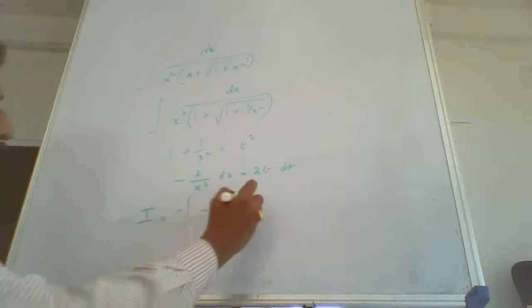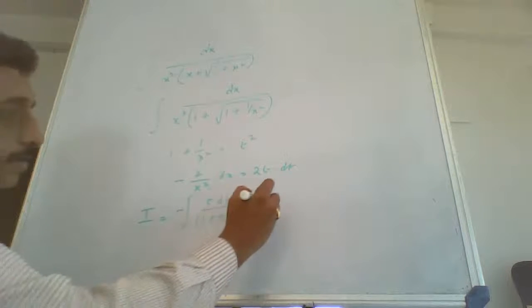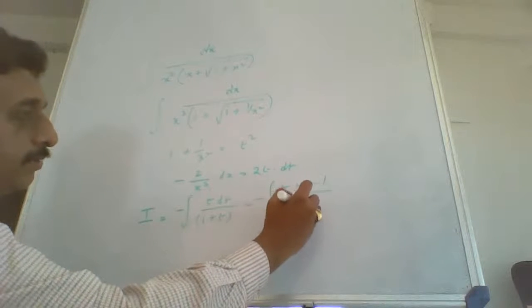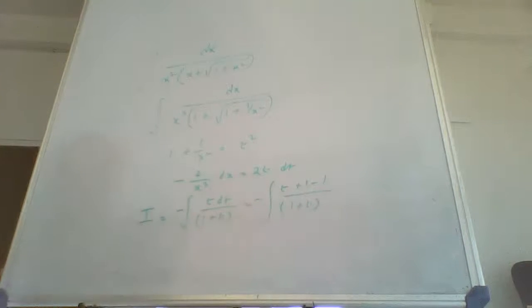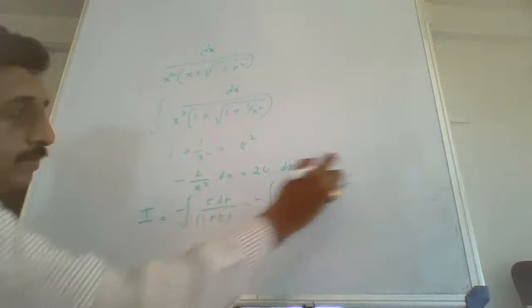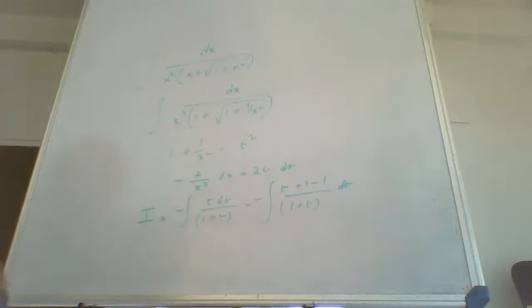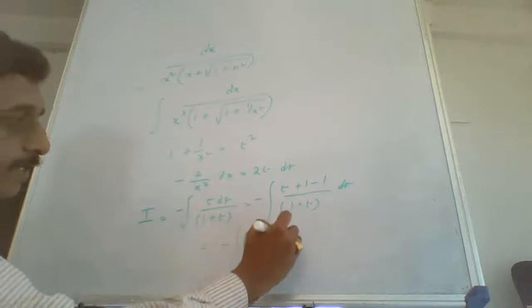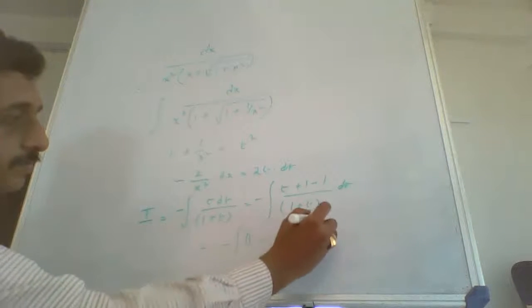So let us try to evaluate this. So I get minus of (t plus 1 minus 1) divided by (1 plus t) into dt. Now if I simplify this, I get minus of the integral of 1 minus 1 by (t plus 1) into dt.